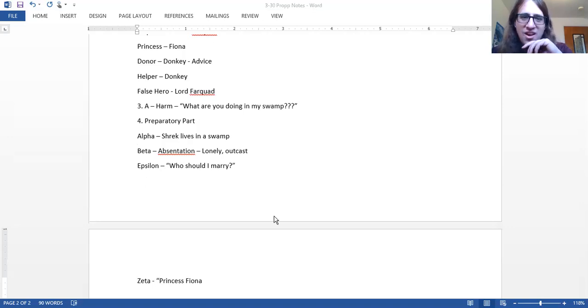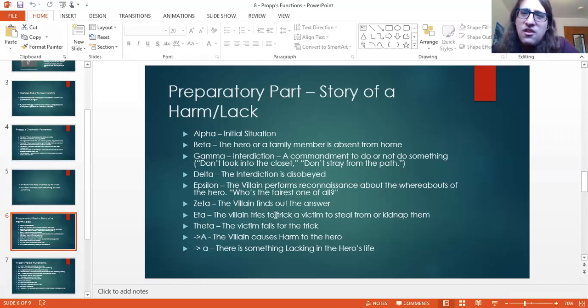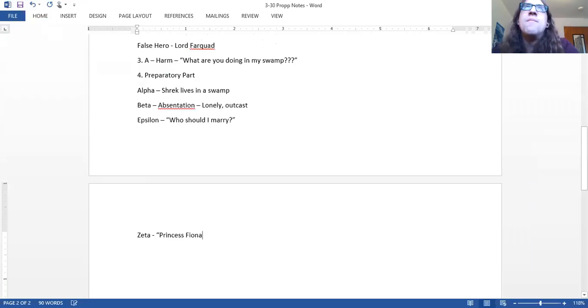Okay, so going back once again, the other thing that the villain can do in the prologue of the story is trickery. The villain tries to trick someone to get them to do what they want. Maybe you could say that Shrek is kind of tricked into going on this journey because ultimately he just wants to have his swamp back.